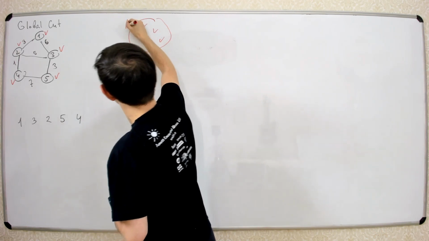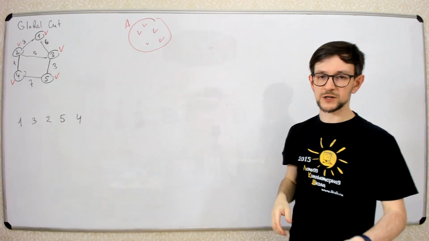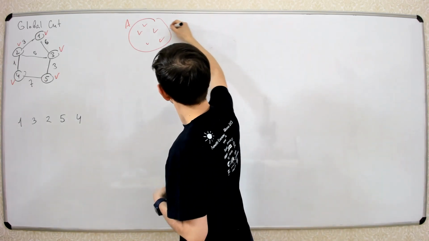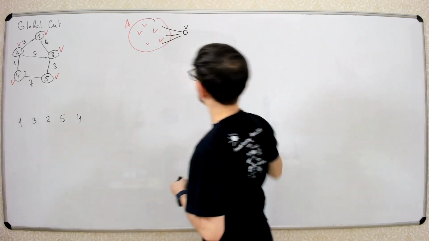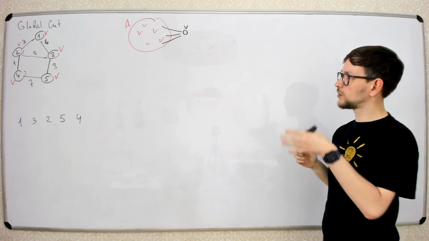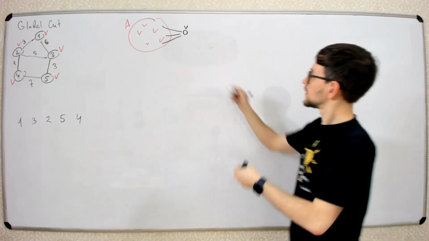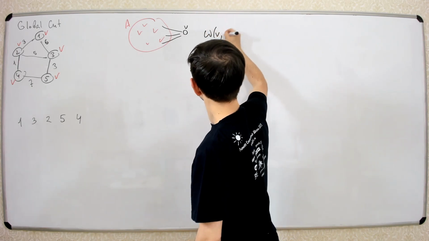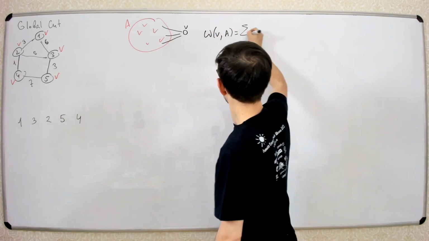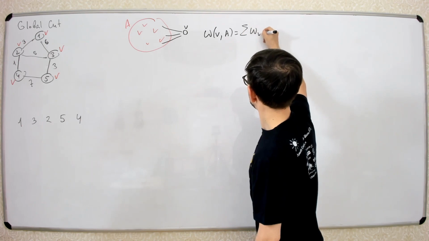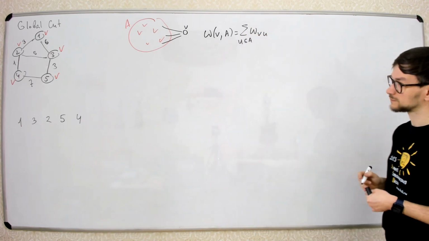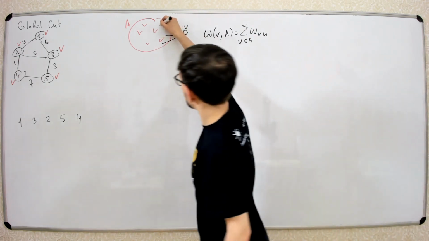Let's call it set A. So set A contains all the marked nodes of our graph. We select node V. Look at all the edges from V to this set A. Let's call it the weight of V to A. It is just the sum of all weights VU, where U belongs to A. So it's the sum of all these edges.